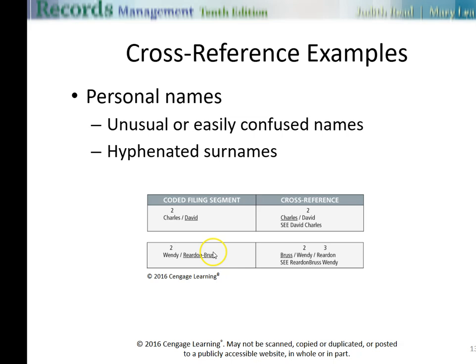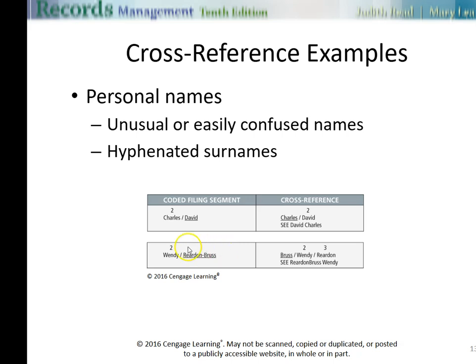We're also going to need to create a cross-reference for hyphenated surnames or hyphenated last names. In this case, we have Wendy Reardon-Bruss. So maybe her maiden name was Reardon and her spouse's last name was Bruss. Instead of taking their last name, she decided to hyphenate it.